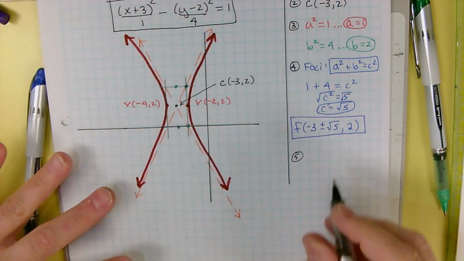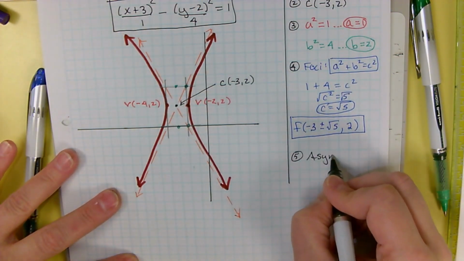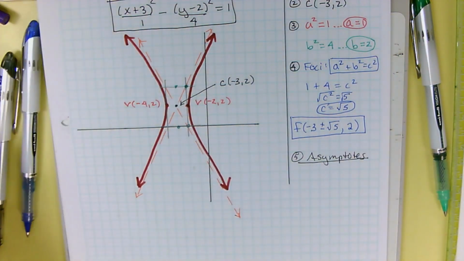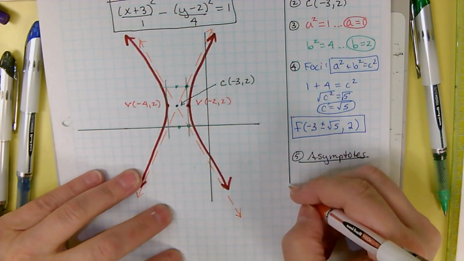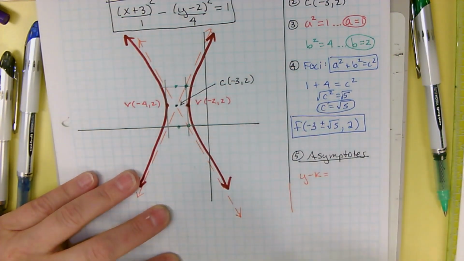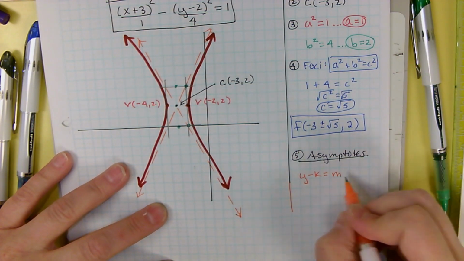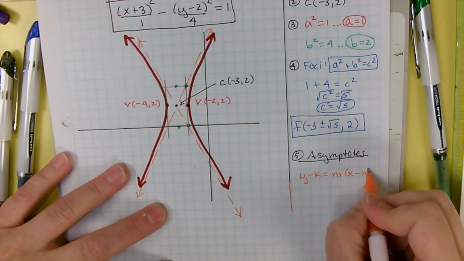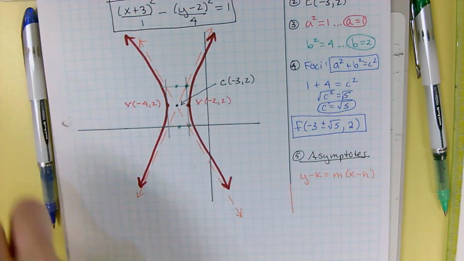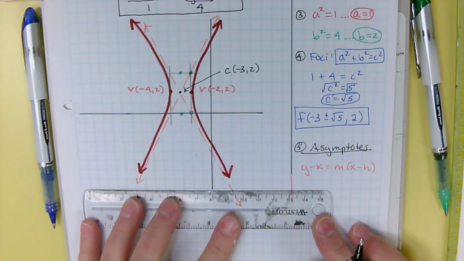All right, last thing, we need the asymptotes. To remind you of your equation, y minus k equals, I'm just going to put m for slope, times x minus h, and then you solve for y.